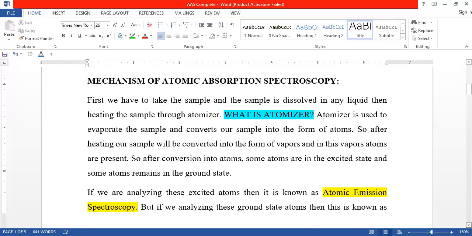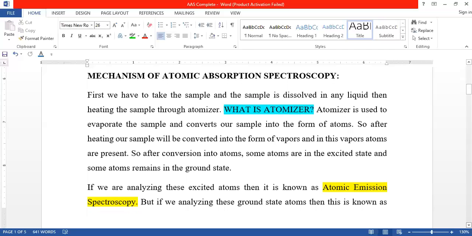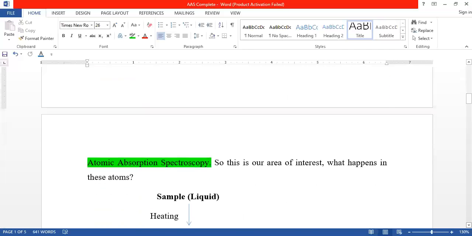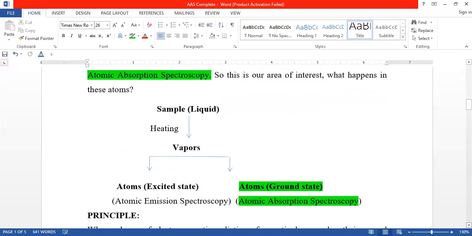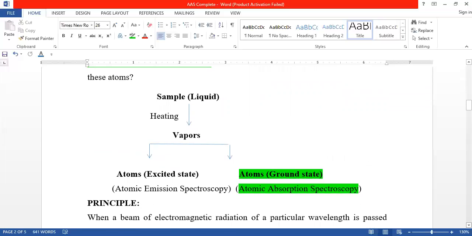But if we are analyzing these ground state atoms, then this is known as atomic absorption spectroscopy. So this is our area of interest: what happens in the ground state atoms. You can see this flow diagram.